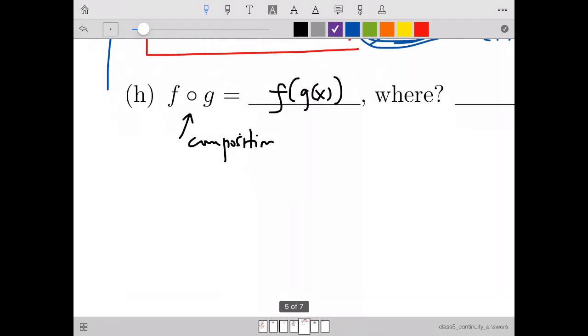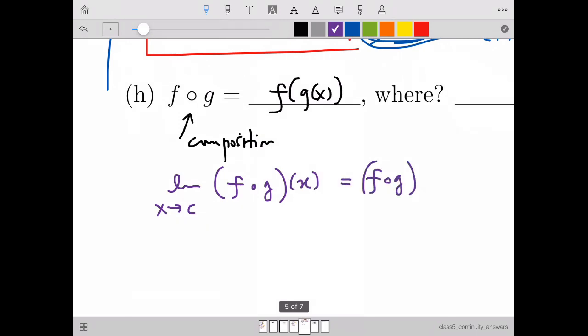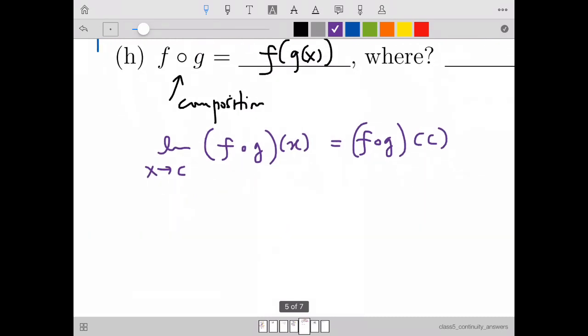To have that continuous, the limit as x approaches c of f circle g at x should equal f circle g at c. In other words, the limit as x approaches c of f of g of x equals f of g at c.